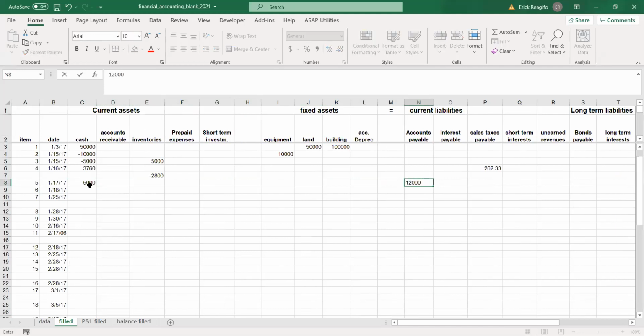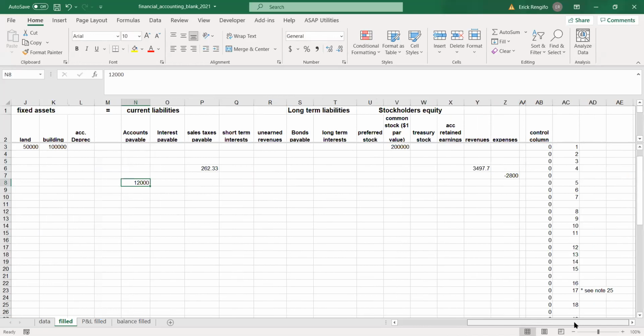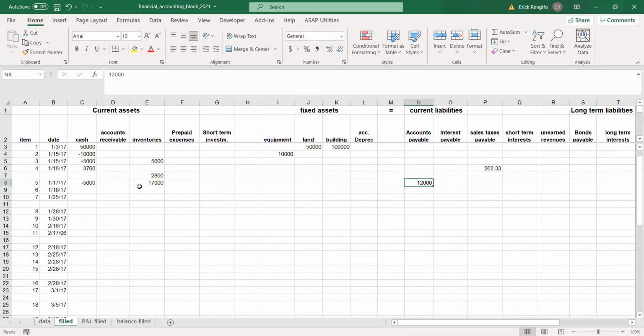Is this correct? Yes. And then the value of my inventories is going to be equal to $17,000. You see, if I sum this, my assets equal 12,000 minus 12 equals 12,000. So my control column is going to be 0. You see? So we are okay.